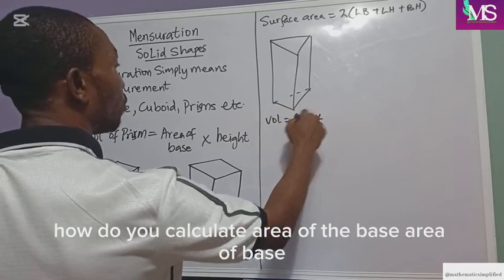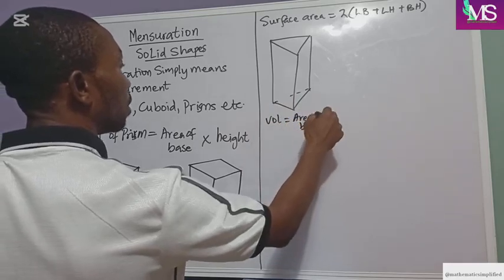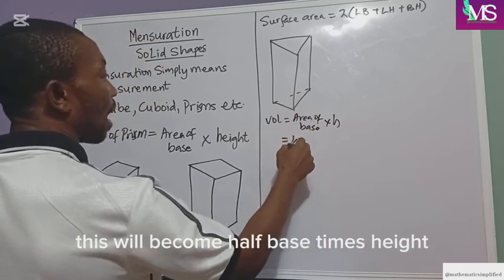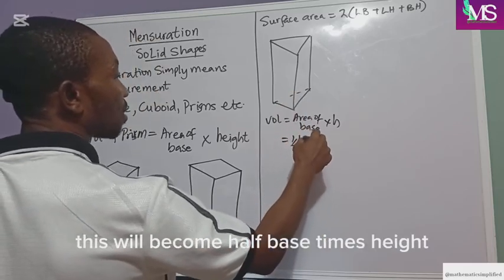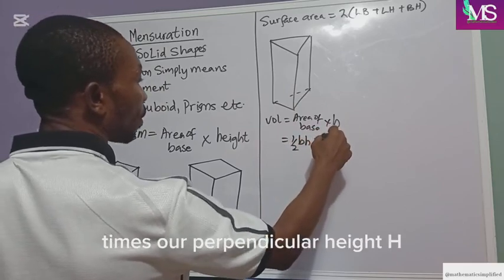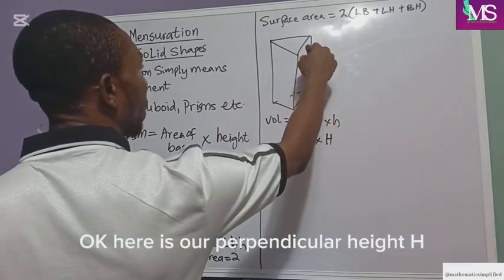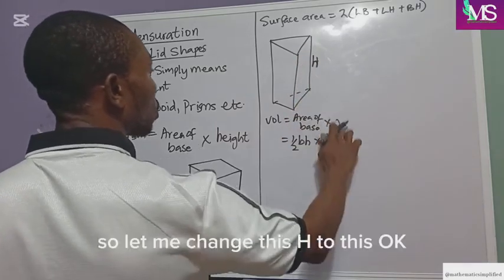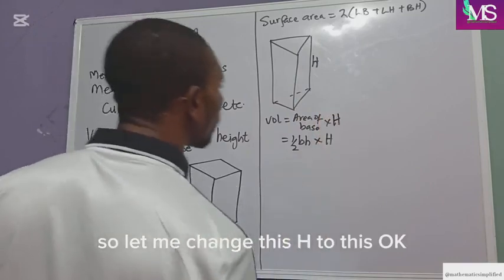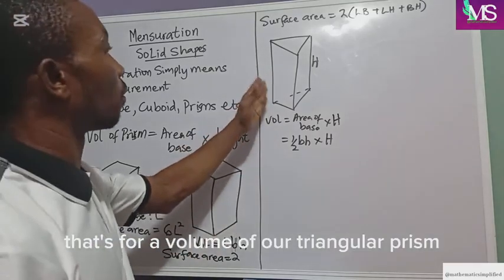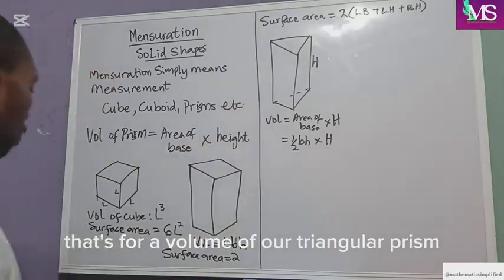For a triangular prism, this will become half base times height times our perpendicular height, h. Okay, here is our perpendicular height, h. So let's change this h to this. That's for the volume of our triangular prism.